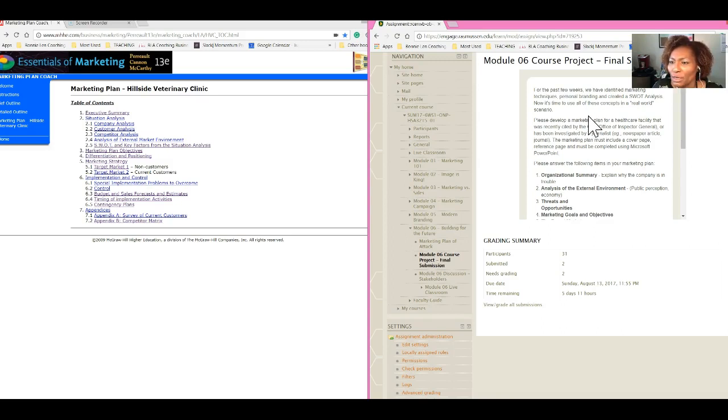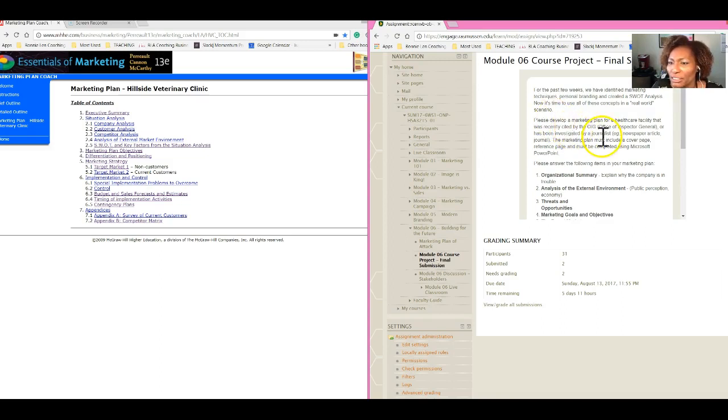So for this final project, you have been learning about branding, a SWOT analysis, and identifying various marketing techniques. So now you're going to put all of this together and create a real-world marketing plan.